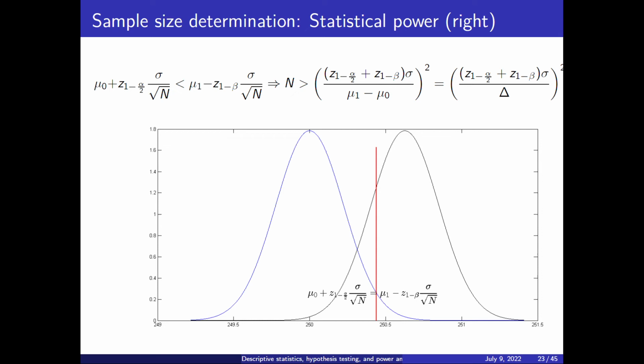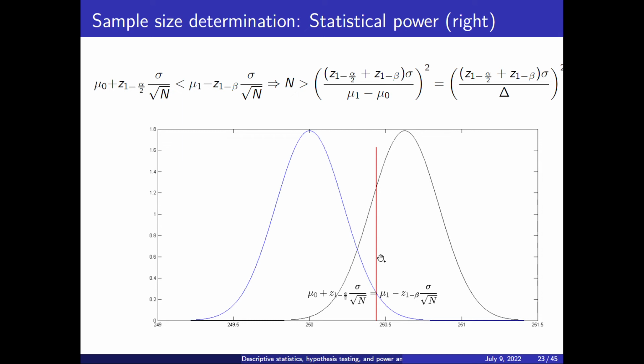We could put it on the p-value, but I could also translate it into mu. So if the sample mean is beyond this point, I would reject the null hypothesis. Okay, and beyond this point, so I have seen 250.66. That is why I reject the null hypothesis, because it is beyond this critical value.